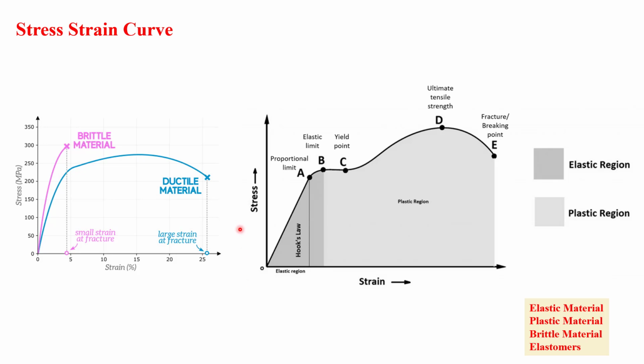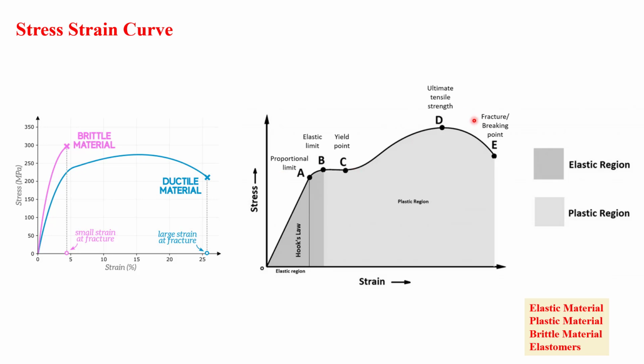We will apply the tension force from both the sides, and then at the exact center a necking, called thinning of the metal, takes place, and then finally at a certain loading condition it will break. We did that analysis to check the engineering stress and the stress strain. I'm going to explain that in the later sessions, don't worry about that, but just remember these are the analyses we had done.